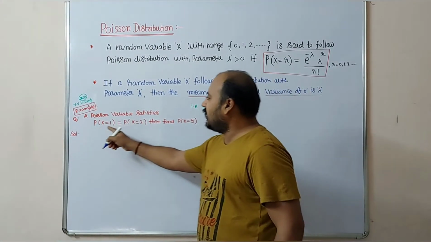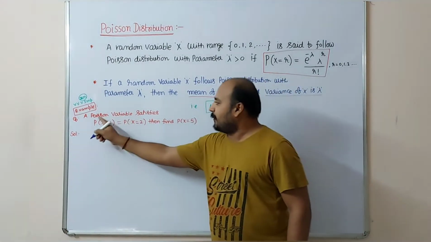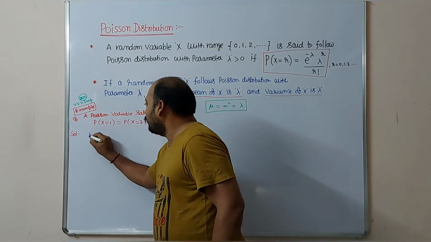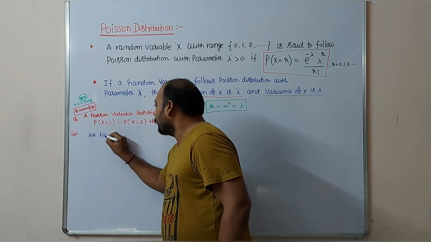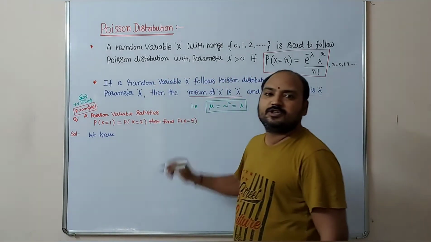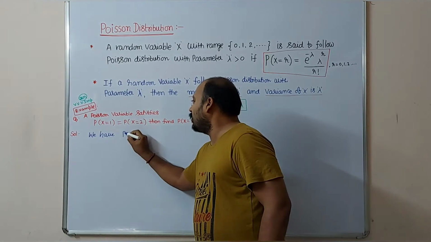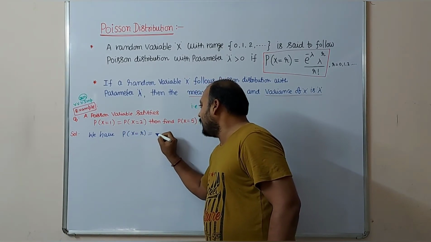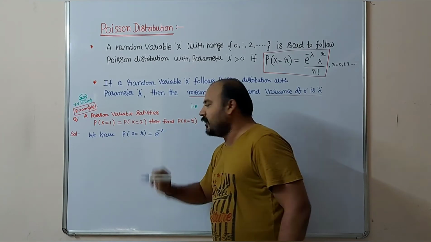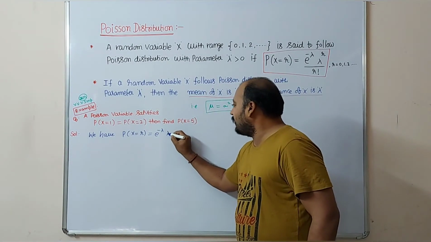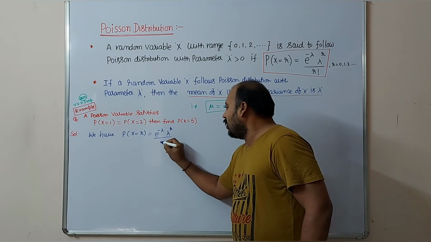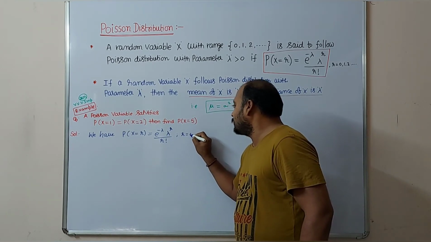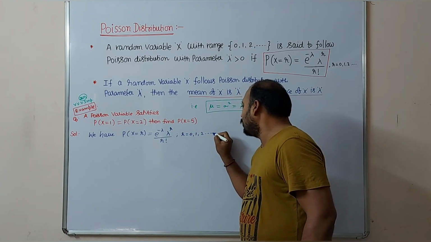First, the given information you need to write. A Poisson variable satisfies the Poisson distribution probability function, which you have to write: P of x equal to r is equal to e power minus lambda into lambda power r divided by r factorial, where r is 0, 1, 2, 3 and so on.